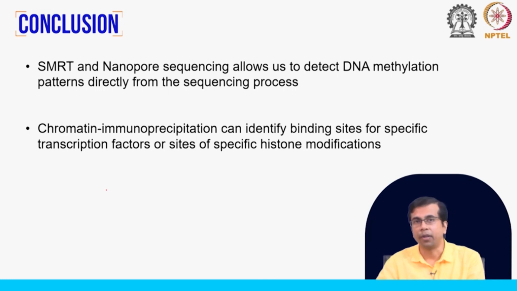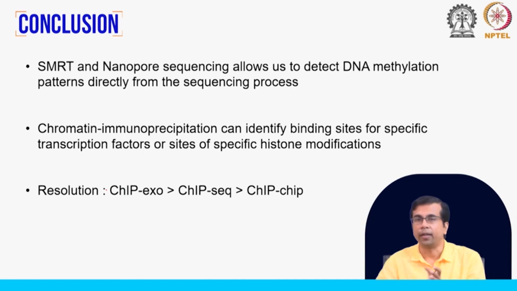We have talked about chromatin immunoprecipitation. This can identify binding sites for specific transcription factors or specific histone modifications. So, if you are working with antibody against transcription factors, we will be looking at binding sites for specific transcription factors, but we can also design antibodies against specific histone modifications, and then we also know the histone modification sites in the genome.